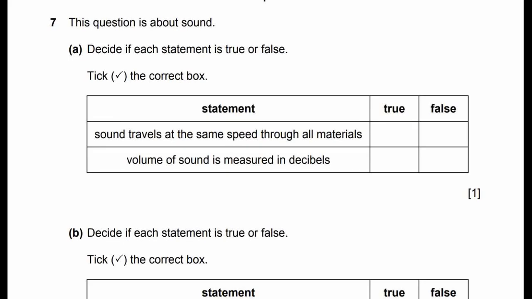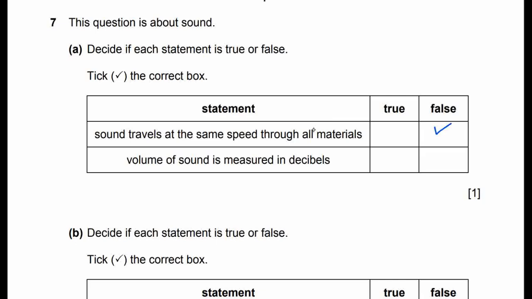The question is about sound. Decide if each statement is true or false. Tick the correct box. Sound travels at the same speed through all materials. It's not true because sound travels fastest in solids compared to air.